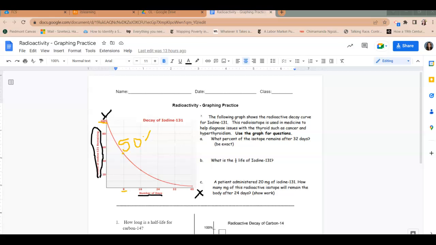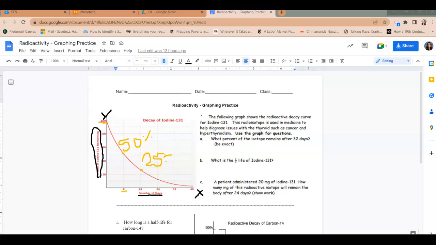Now take half of this: 50 divided by 2 is going to be 25%. So that's at this point here, 25 percent.